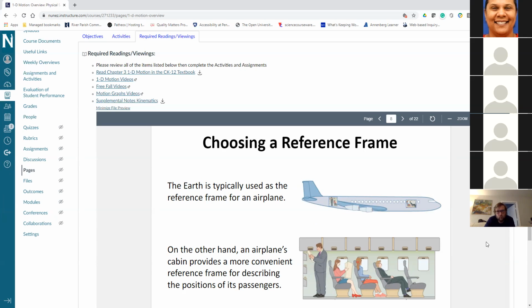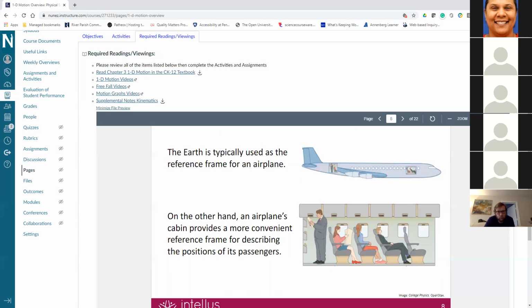But if you're riding in the plane, if you're using the airplane as your reference frame, then as a passenger, the plane is moving, but you are also moving if you're in the plane. So according to you, you would say that the plane is not in motion, right? It's kind of like we're on the Earth. The Earth is whizzing through space, but according to us, we don't feel that. We don't see that.